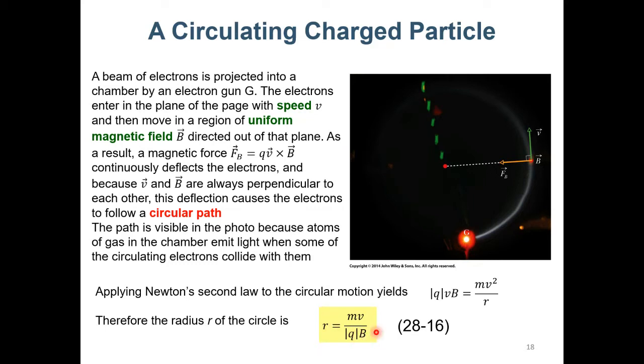And with a larger magnetic field, the radius will be smaller because the force is larger, trying to deflect the electron more severely, so the radius will become smaller. So it is very simple, I think. Any questions?